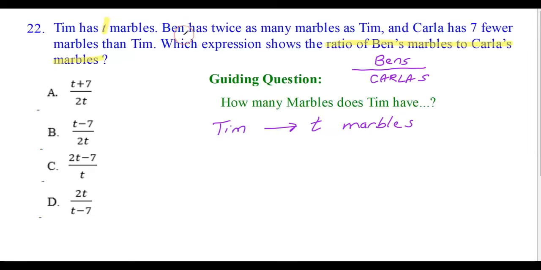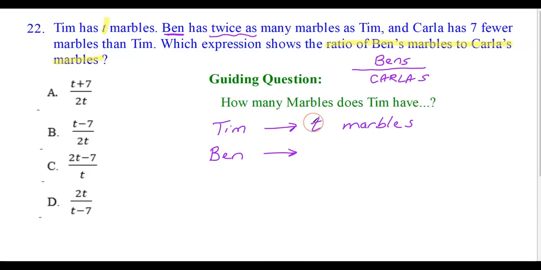Now let's move over to Ben. How many marbles does Ben have? It says Ben has twice as many marbles as Tim. Twice as, right here, means to multiply by 2.